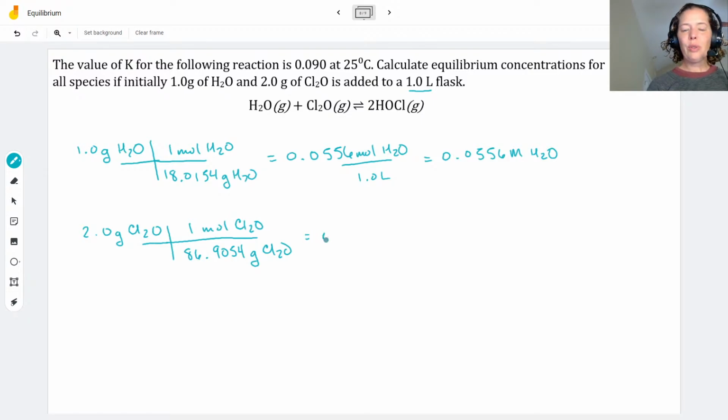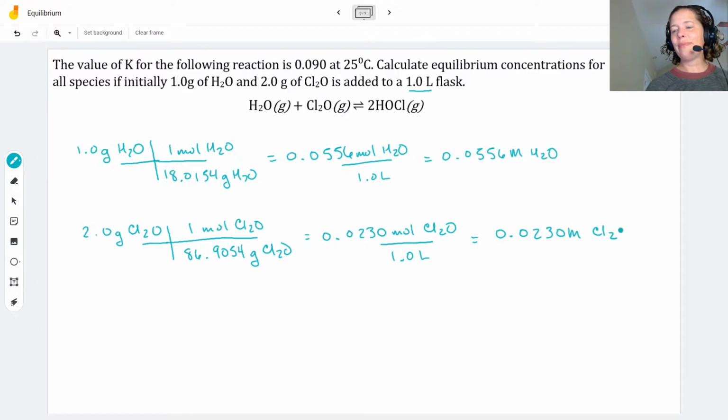And this equals 0.0230 moles. But to convert to molarity, I only have to divide by 1, which makes my math a lot easier. Now this is molarity. Okay, fantastic.